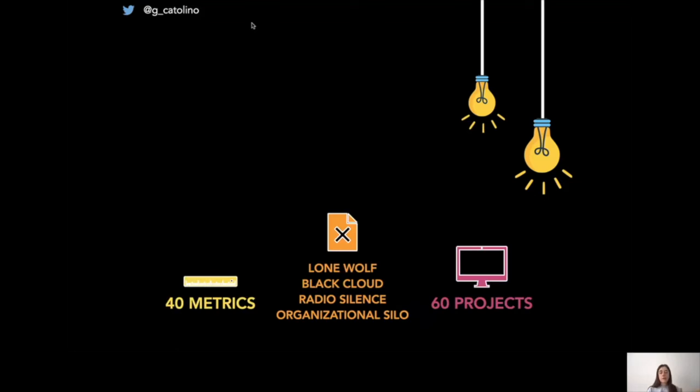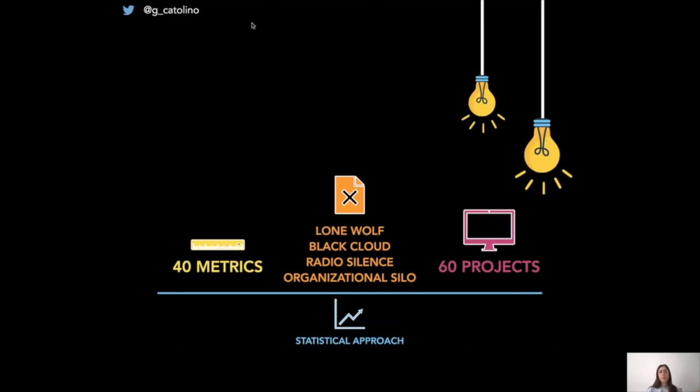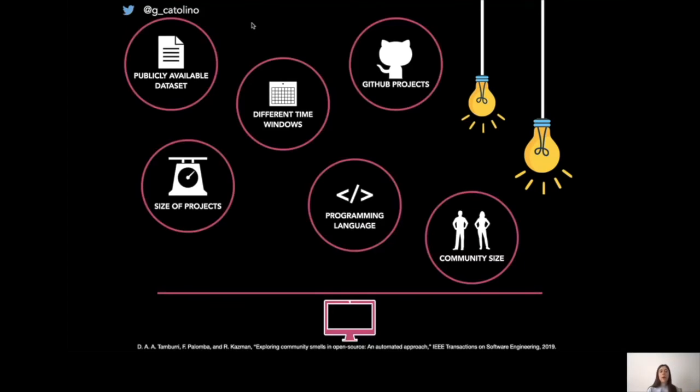And in particular, 60 open source projects, 4 community smells: Lone Wolf, Black Cloud, Radio Silence, organizational silos, and 40 metrics. Of course, in order to understand if these metrics are correlated to the variability, we use a statistical approach.